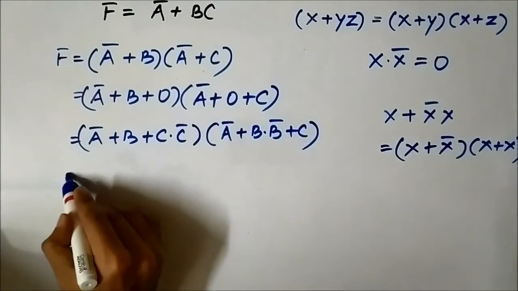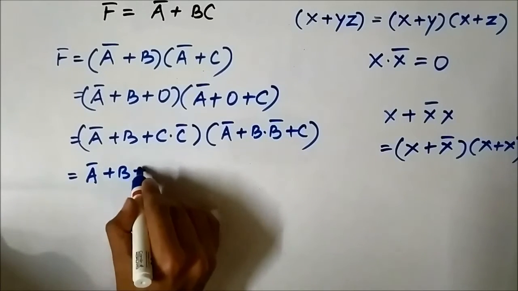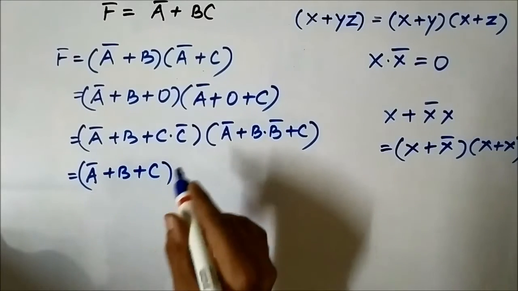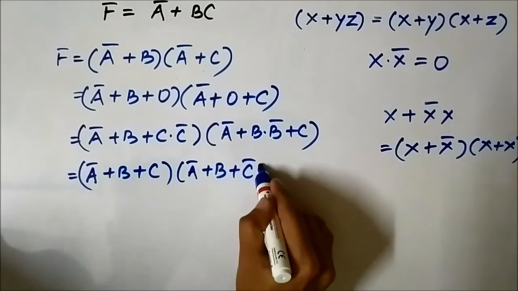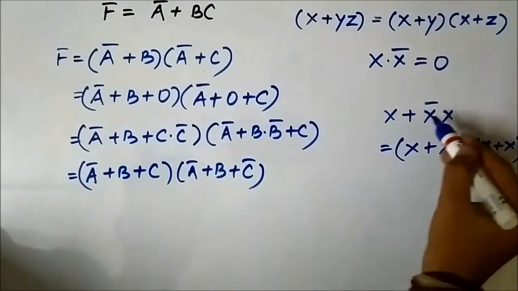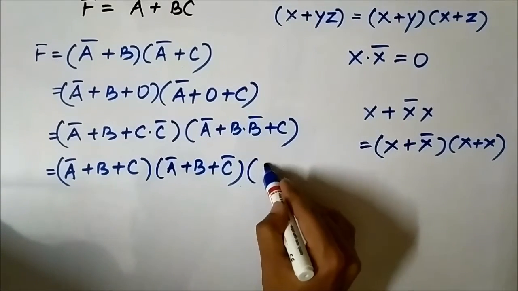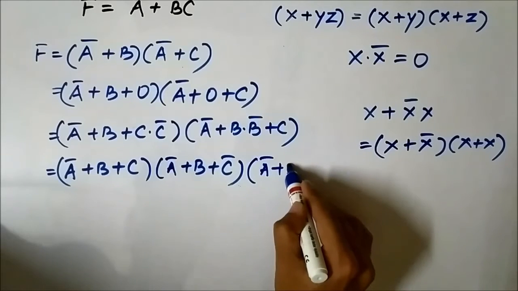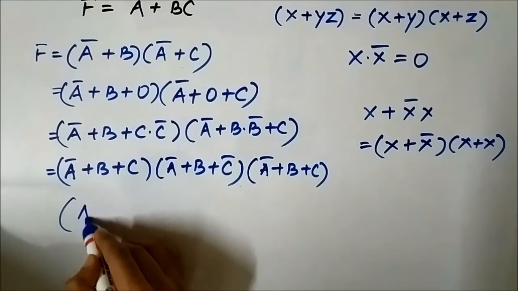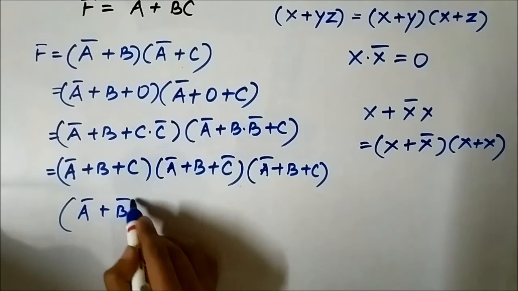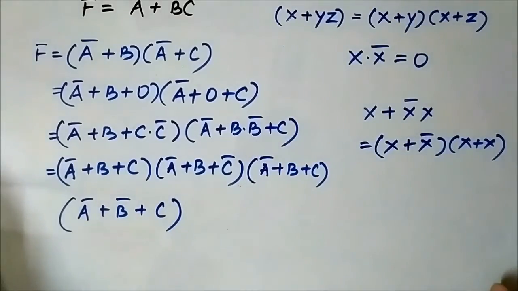So here we can write this as A complement or B or C into A complement or B or C bar. And next here it will be A complement or B or C into A complement or B bar or C. See, we have split it, we have used these identities.